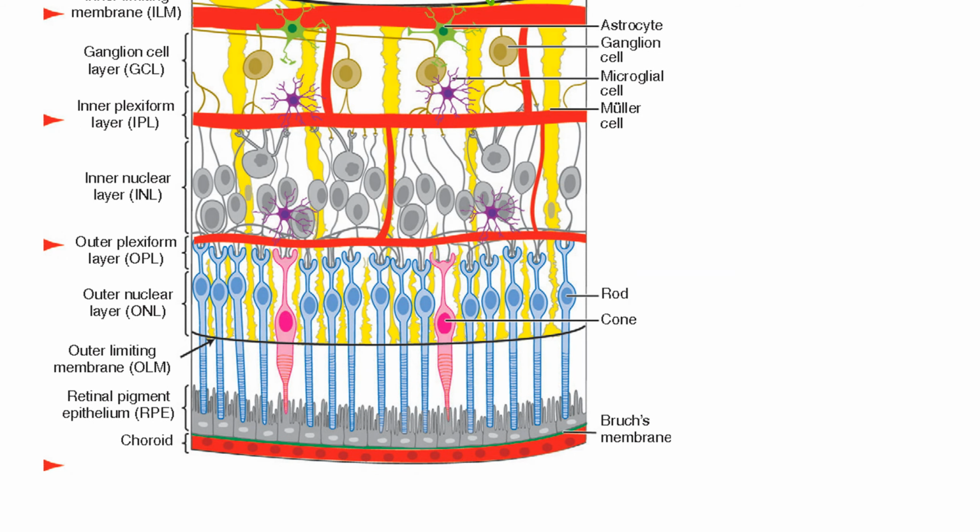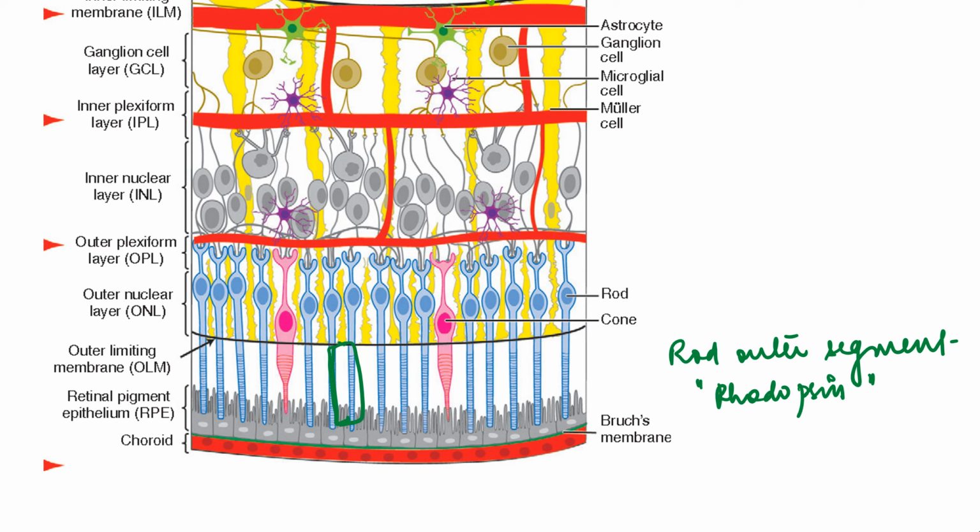these changes. So the pathology in RP is in the rod outer segment. It can be a rhodopsin mutation RP, or it can be the other modes of inheritance of RP, wherein the outer segment of the rod is affected. As we know, rhodopsin is contained in these discs in the rod outer segment.